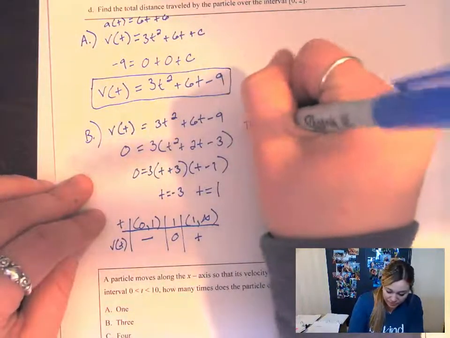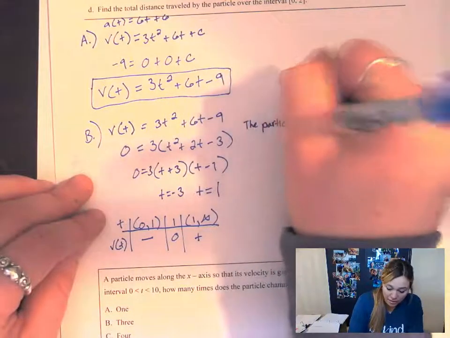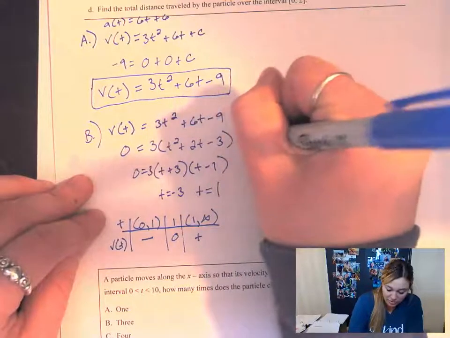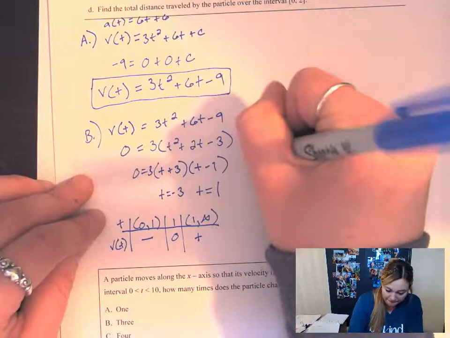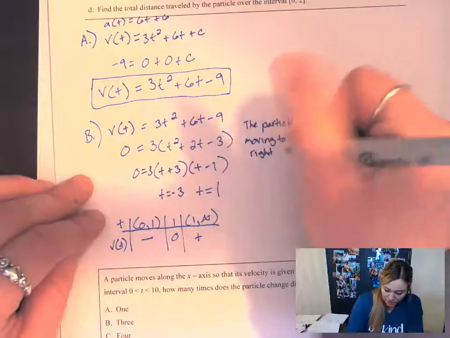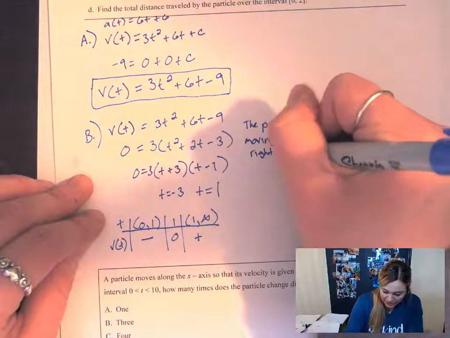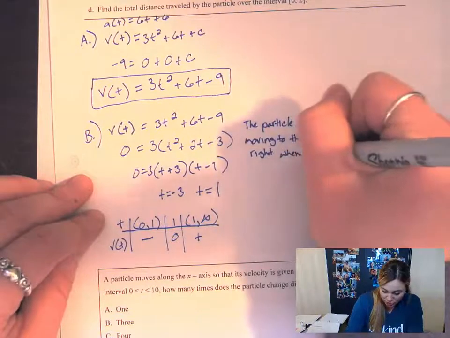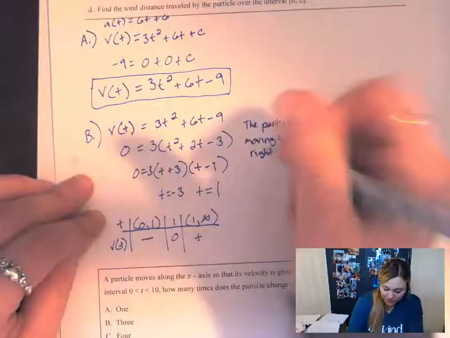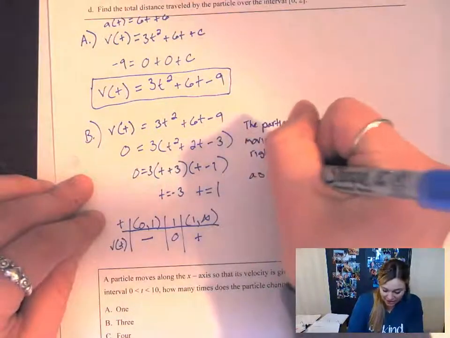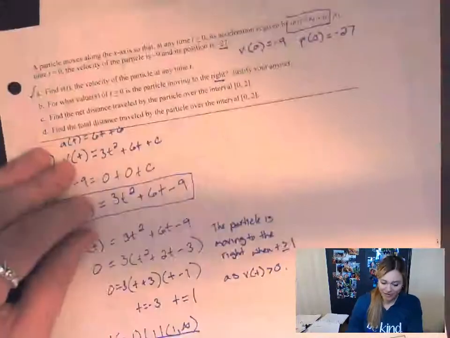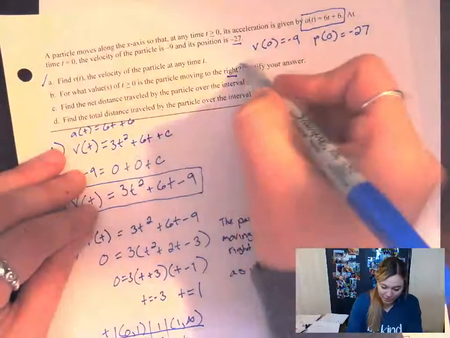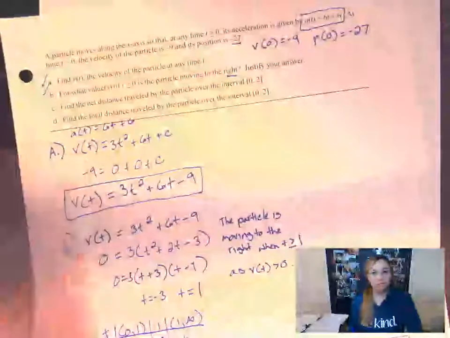The particle is moving to the right when t is greater than or equal to 1, so that'd be 1 to infinity. And my justification is v of t is greater than 0. We did it. We justified. We said when it was moving to the right. We justified. Boom.